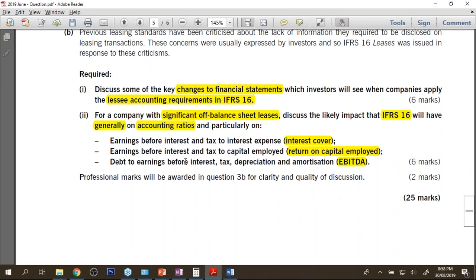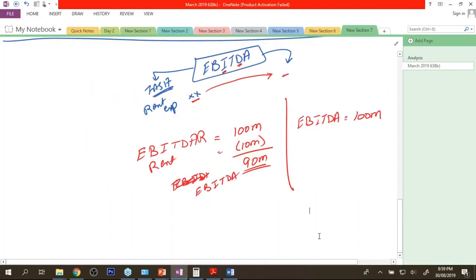Okay, basically, one important thing which Sabha has highlighted is that we didn't read the complete statement. It was debt to earnings before interest, tax, depreciation, and amortization. So the ratio is actually debt divided by EBITDA. What will happen is the EBITDA will increase and the debt will also increase now.